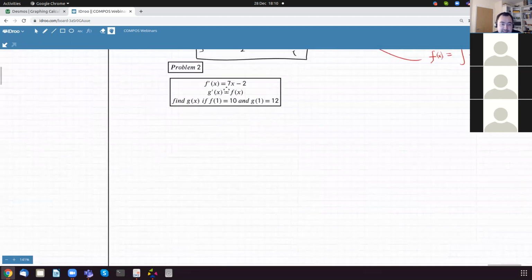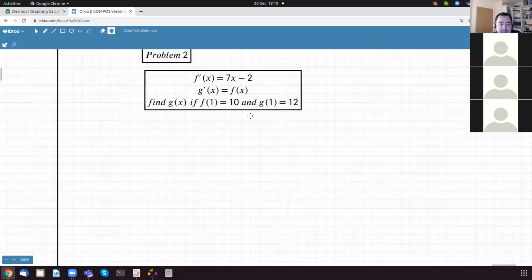f prime of x is equal to 7x minus 2, and g prime of x is equal to f of x. Find g of x. It looks a bit complicated, but let's try to unravel this. They told us that g prime of x is f of x, so I think we should start by finding f of x.